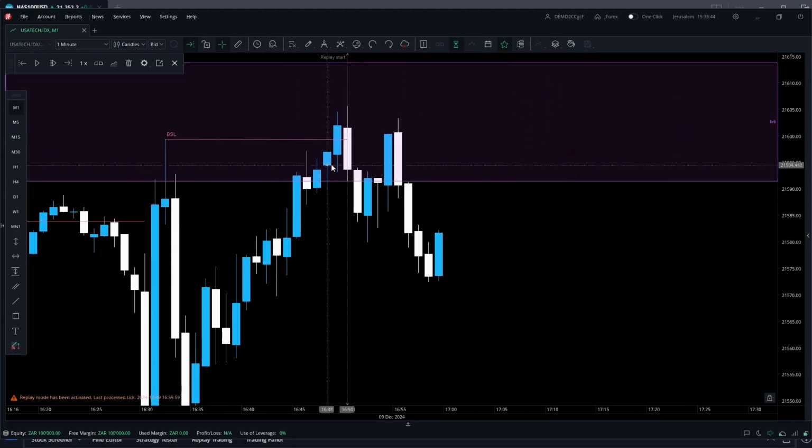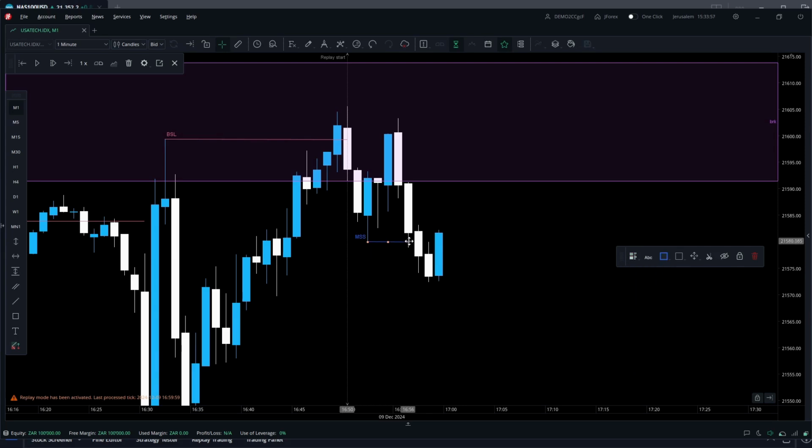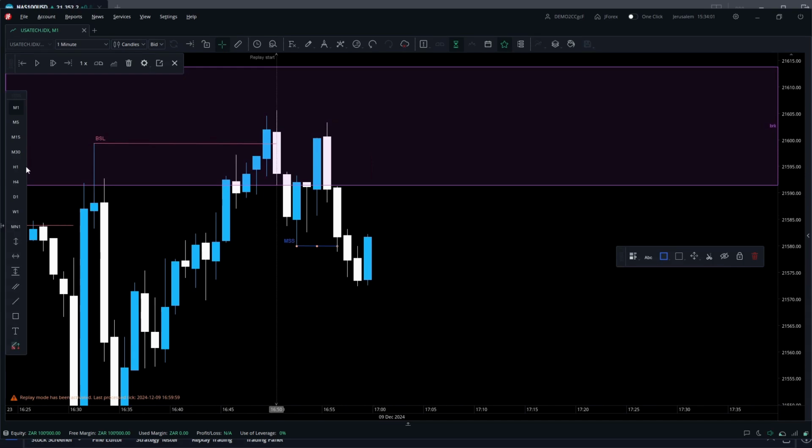So what happens, we sweep liquidity, we wait for a market structure shift, and we get one over here. That is our market structure shift. And so after that, what we do, we wait for price to sweep liquidity, or to retest liquidity.